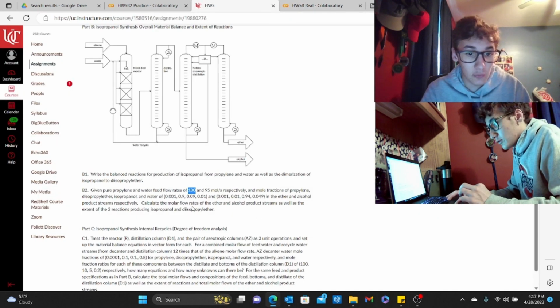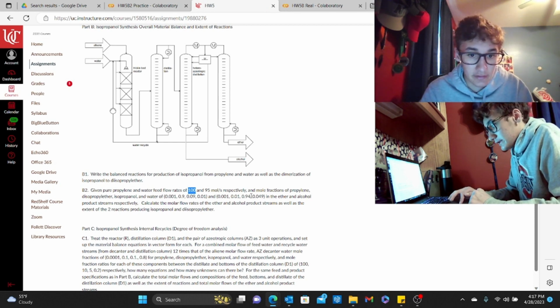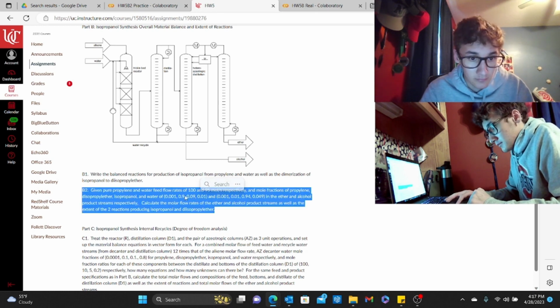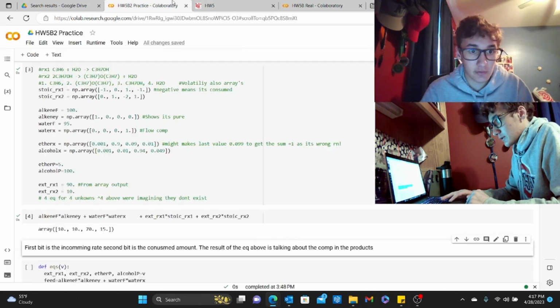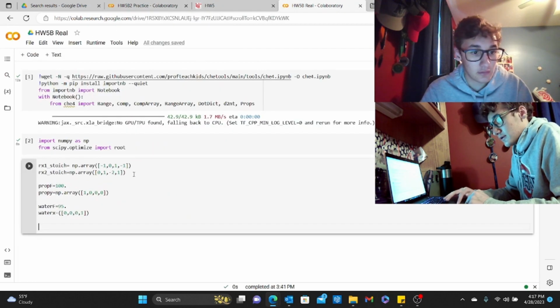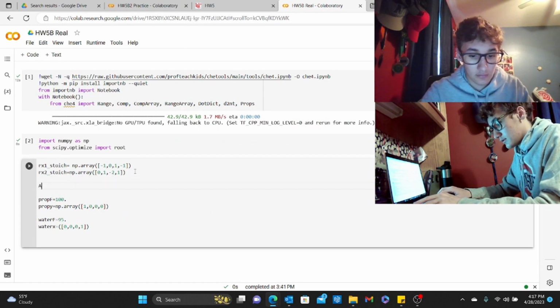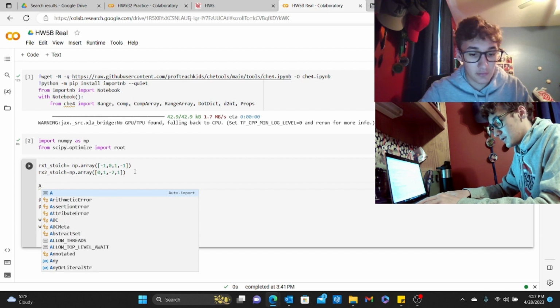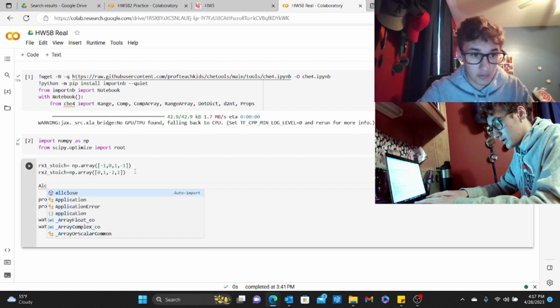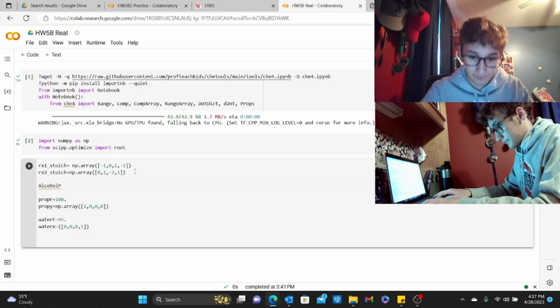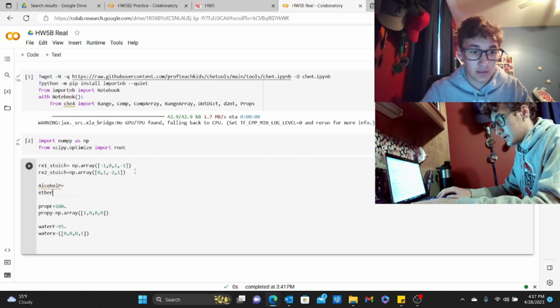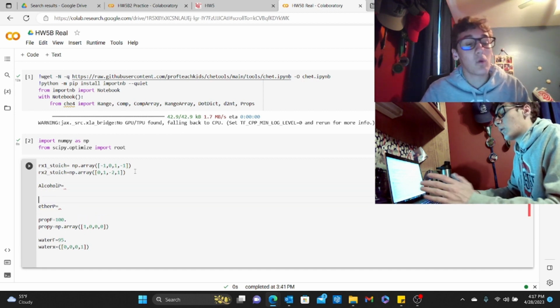So we want to calculate the molar flow rates as well as the extent of the reactions, and we are given the leaving mole fractions. So we're going to call this alcohol P along with ether P. And we're also going to separate these again as what we want to calculate are the rates.